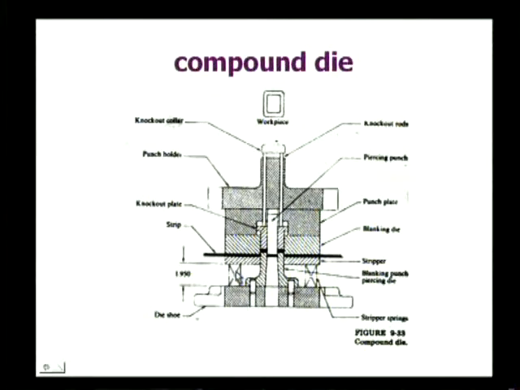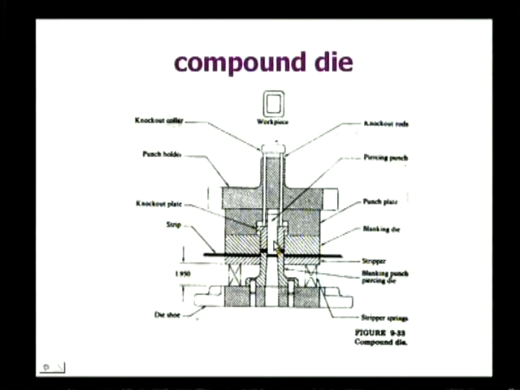All the other components of the die can be observed here. These are the springs, and a knockout pin is also required so as to knock out the material being pressed from the die cavity, because after cutting it may slightly enlarge and may grip in the die cavity unless it is stripped out. So it will not come out.